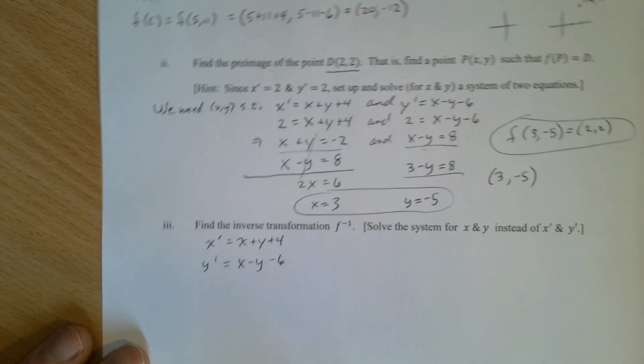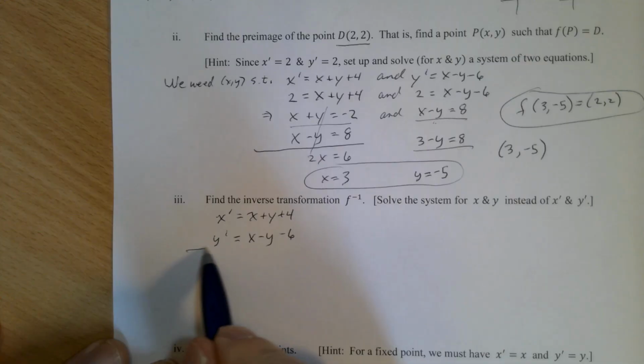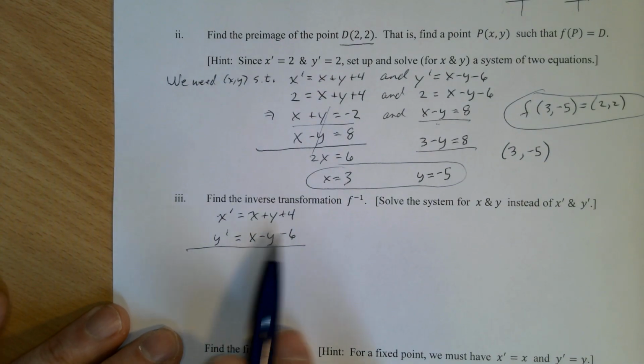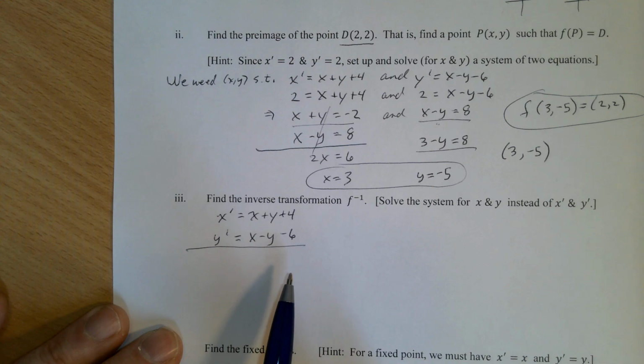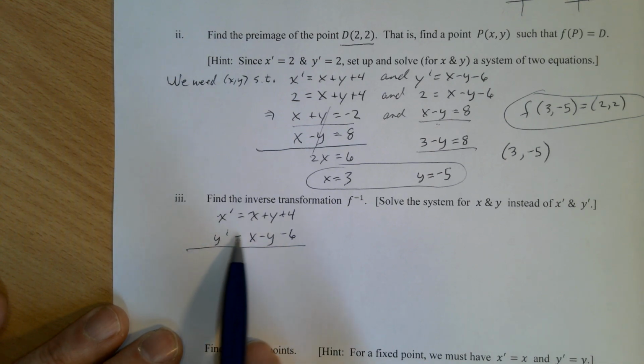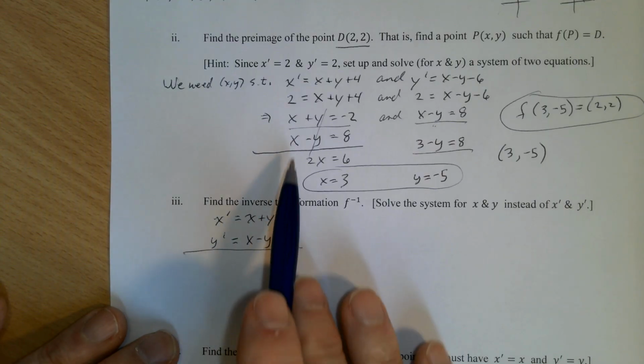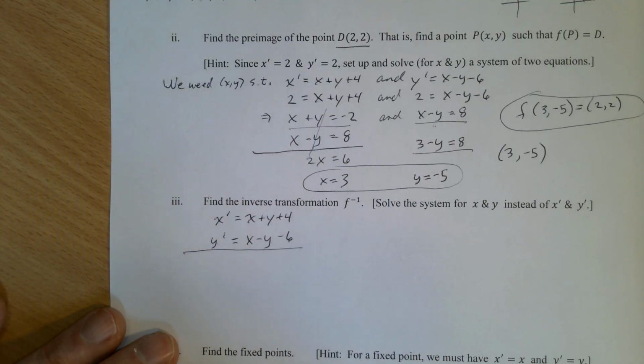Okay, well, I wrote one above the other because what happens if I want to solve this for x in terms of x prime and y prime, I want y to disappear, I could just add those two equations together similar to what we did in part 2.